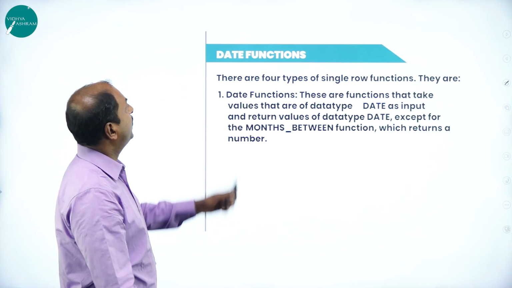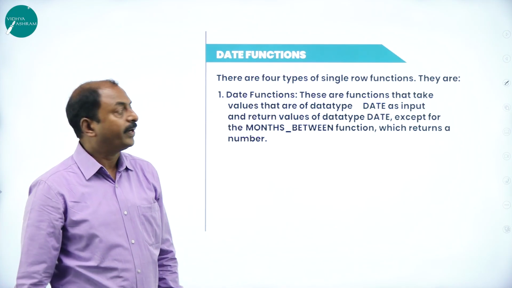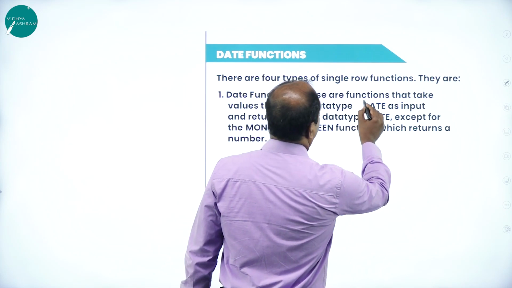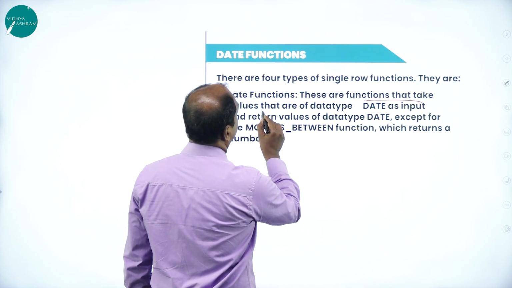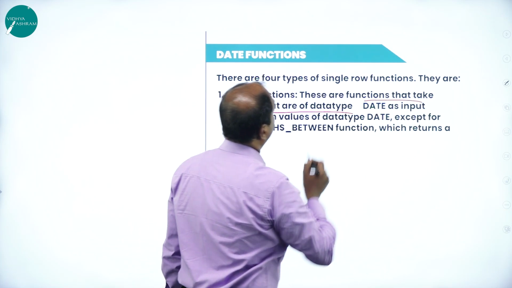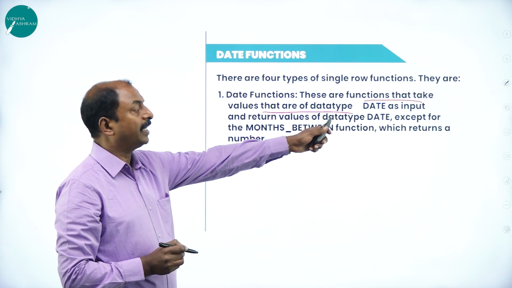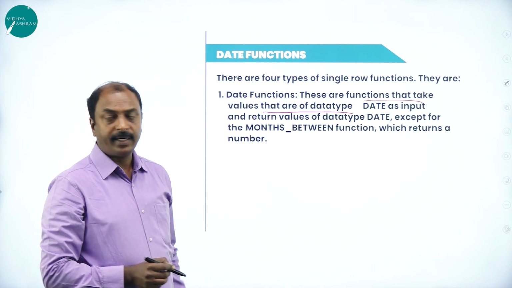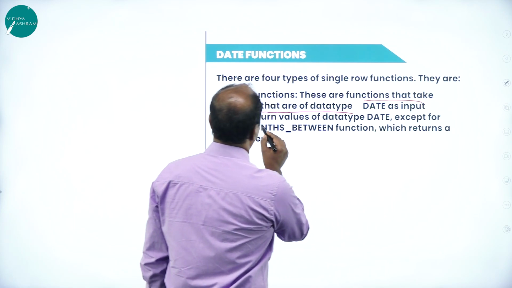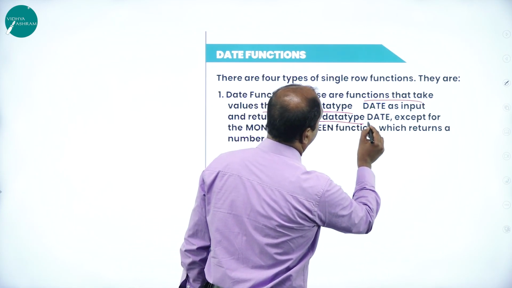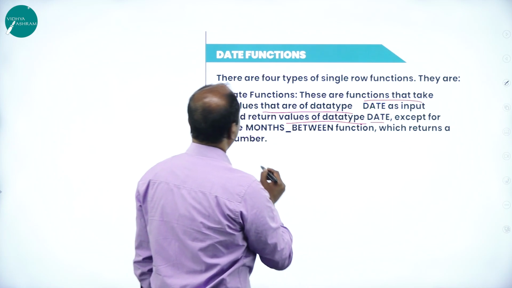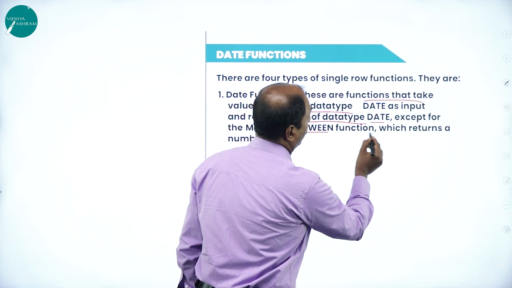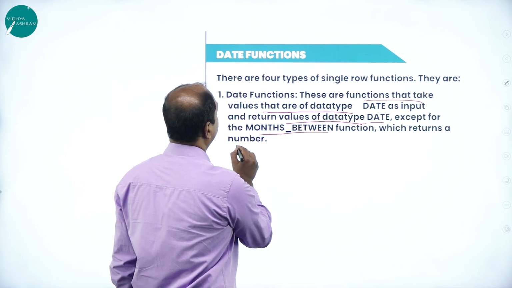Next one is date functions. So what are date functions? These are functions that take values of data type date as input and return values of the data type date, except for the MONTHS_BETWEEN function, which returns a number.